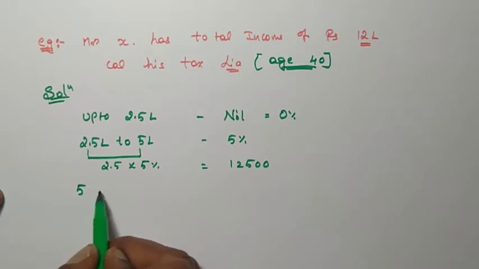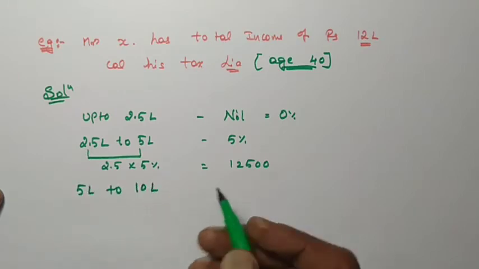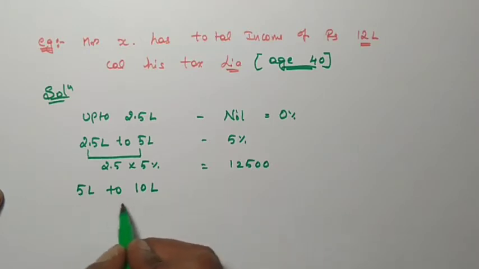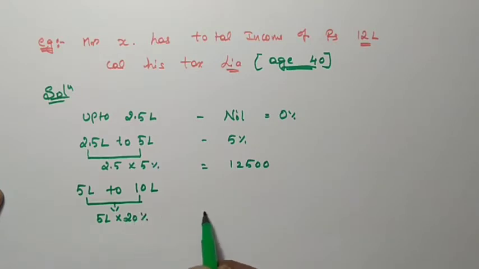From 5 lakh to 10 lakh, that is 5 lakh into 20%, that is 1 lakh.